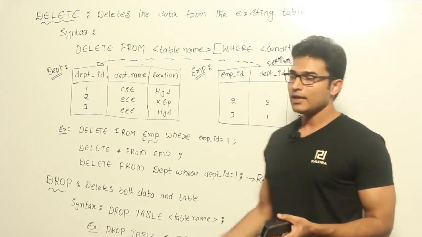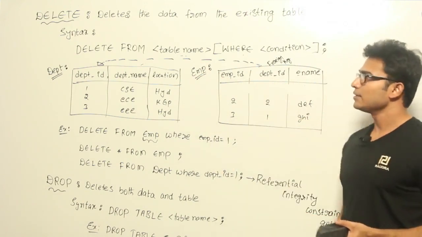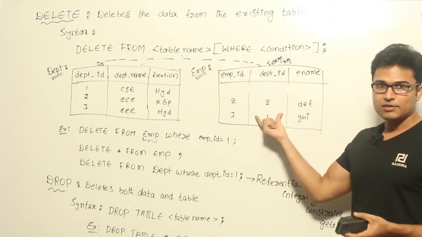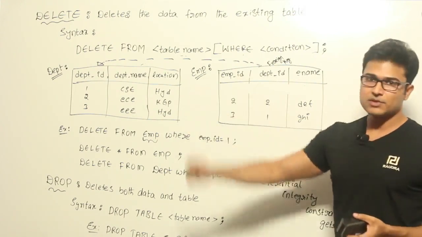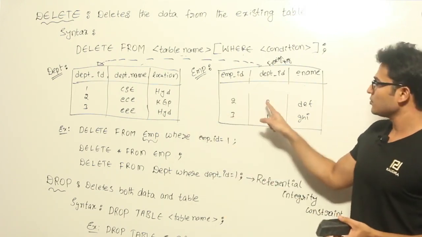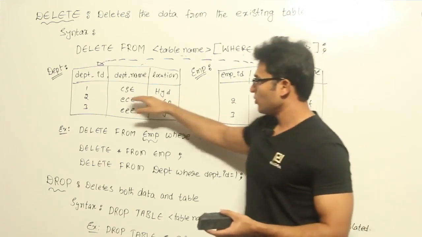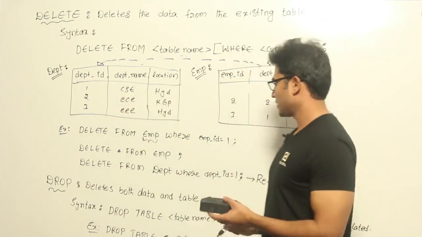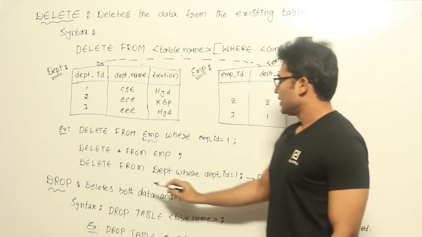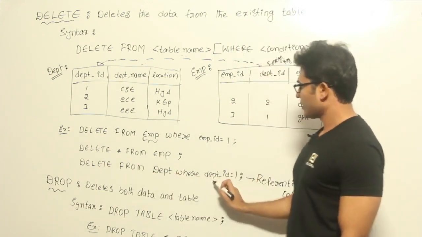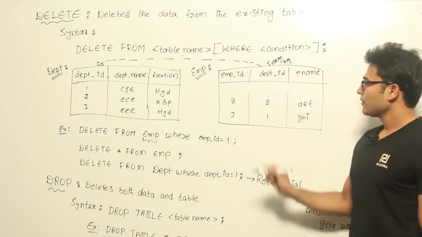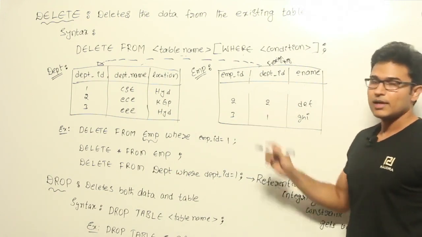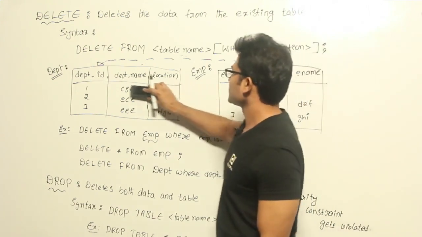What is the problem? According to this integrity constraint, you are not supposed to have any rows here which refer to a department which is not present there. Now if you try to remove either department number 2 or department number 1, it is going to create a problem. For example, delete from department where department ID equal to 1. Now we are specifying here that employee 3 is working for department number 1, and now you are deleting the department.